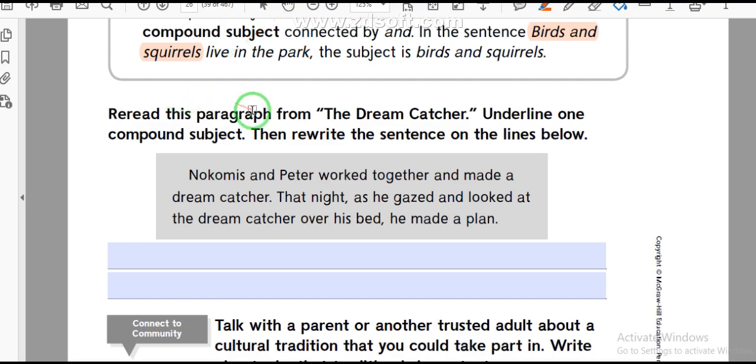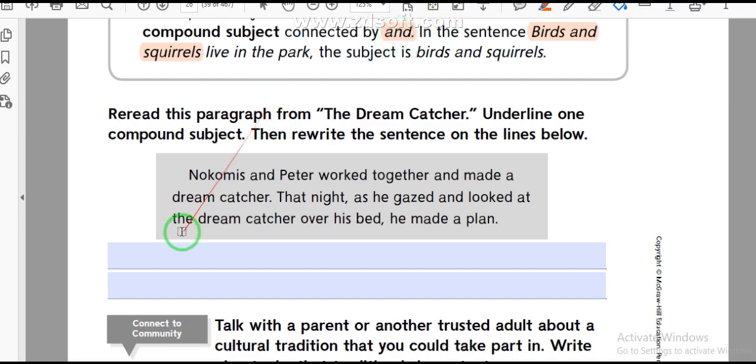Let me explain the compound subject through this exercise. Let's do this exercise. Reread this paragraph from the dream catcher. Underline one compound subject, then rewrite the sentence on the lines below. So we must read this paragraph and then underline the compound subject. What do I mean by compound subject? Compound subject is when we have two subjects connected with an and.